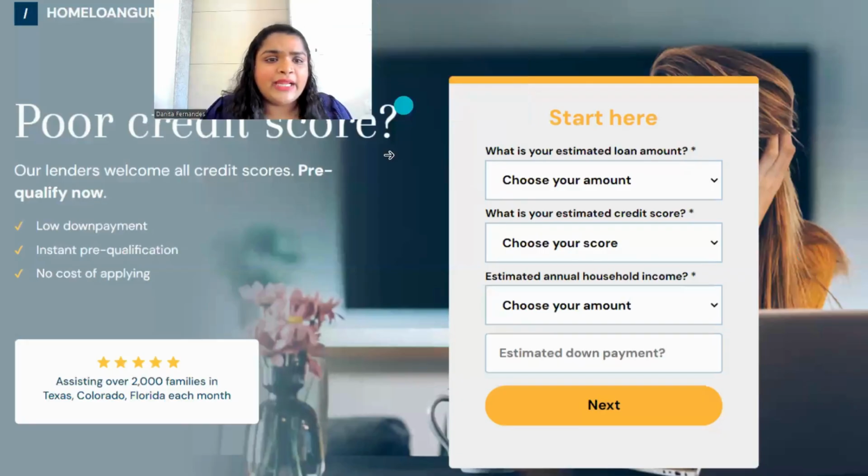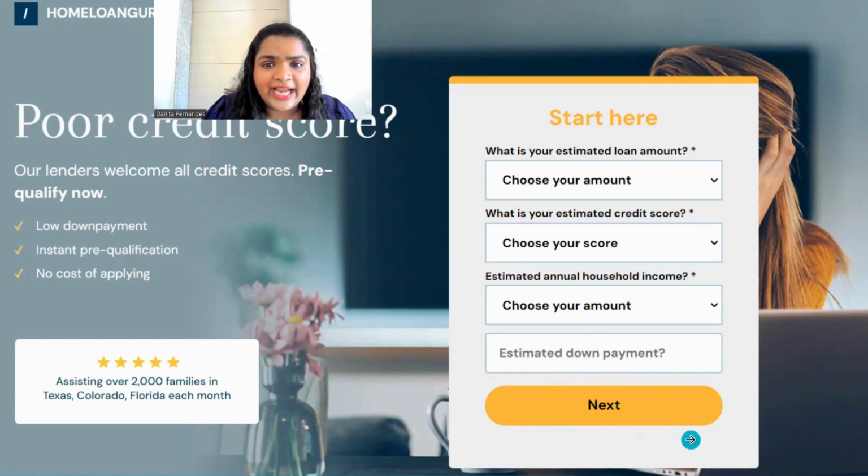This is a landing page for home loan gurus. They offer loans for people with poor credit score. And this is their landing page. And this yellow button right there is the CTA. What is the CTA?